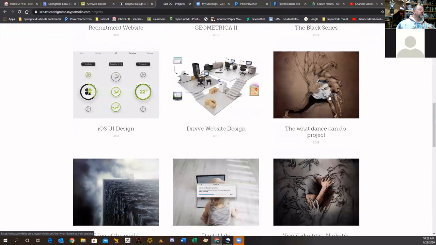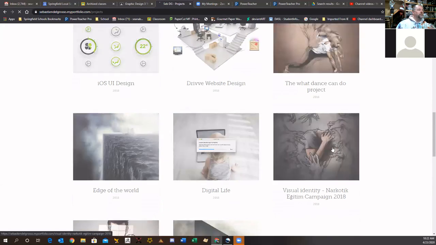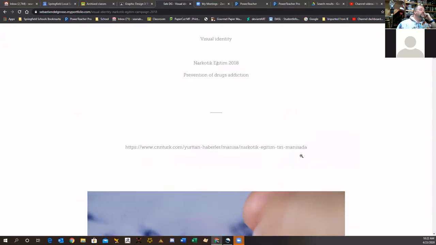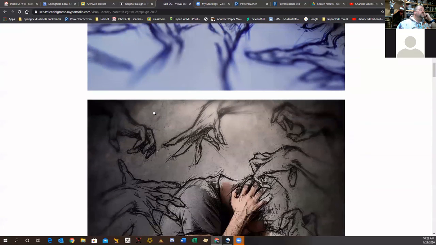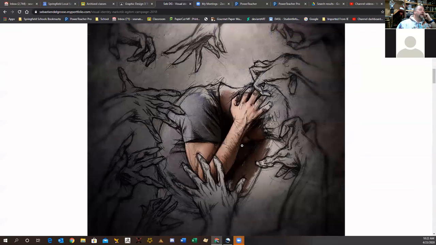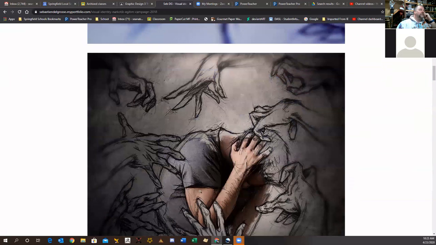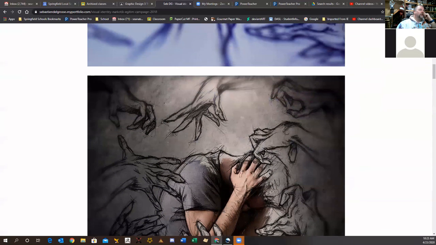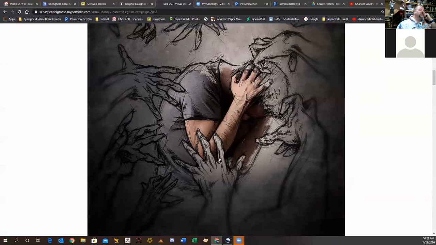This is a beautiful series. Here's something that might give you an idea. So again, a photograph done in Photoshop and then slightly erased out, and then drawn over the top of it, and then all of his hand sketches added in.